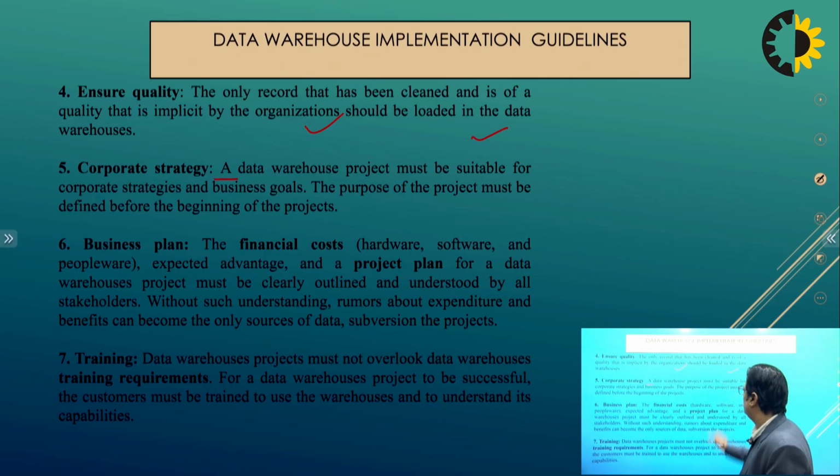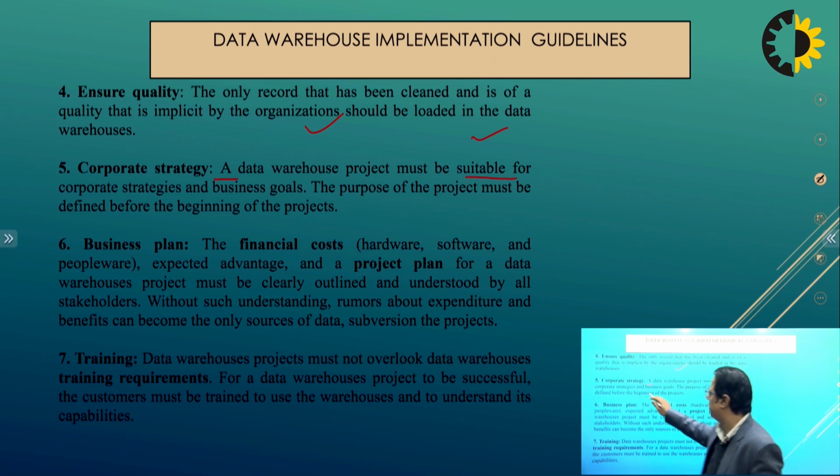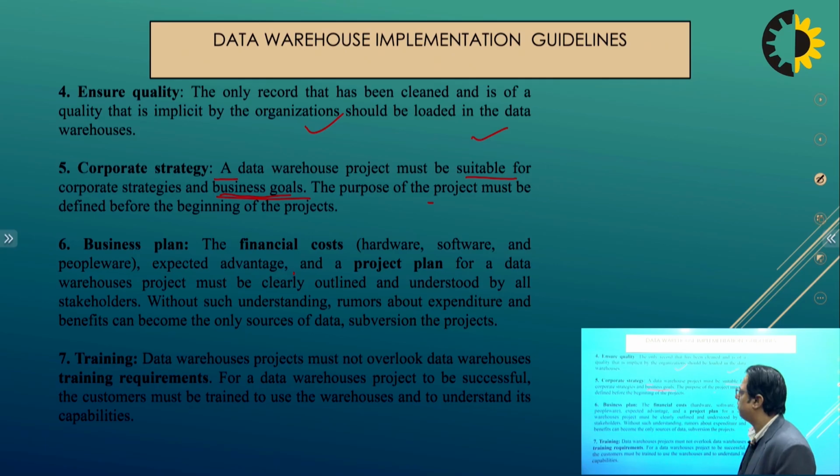Corporate strategies. A data warehouse project must be suitable for corporate strategy and business goals, because the data warehouse and corporate strategy and business goals are related to each other. So we need to find the aspects of business goals. The purpose of the project must be defined before the beginning of the project. Now, the sixth point is business plan.